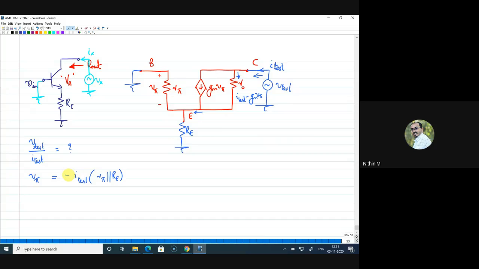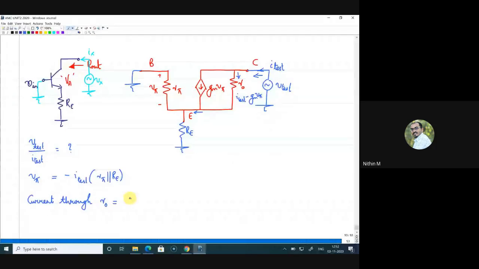Now let V pi be there. Throughout this calculation I can replace V pi with this expression so that your final expression will be without any V pi component. Now let me write what is current through R naught. Current through R naught: the total current is Itest, and from Itest, gm V pi is the current through the other branch.